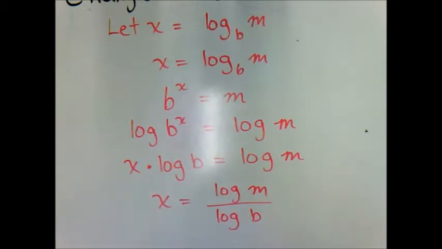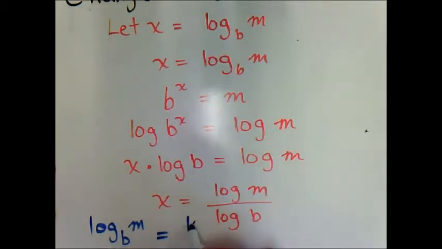So the change of base formula is as follows. For any log of m to the base b, it will equal the log of m over the log of b.